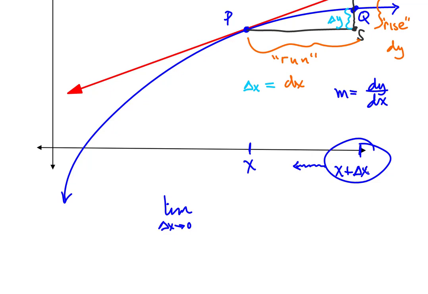So the x plus delta x is getting closer to the x as delta x gets smaller. You're simply adding less and less to x, which means you're getting further to the left, closer to where x was. So that's what's happening with the limit as we take it as delta x approaches 0. Now what we want to write is the limit of delta y over delta x.